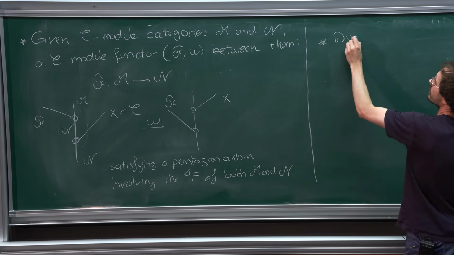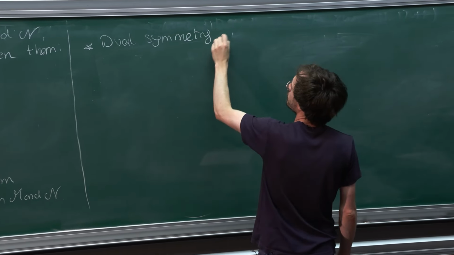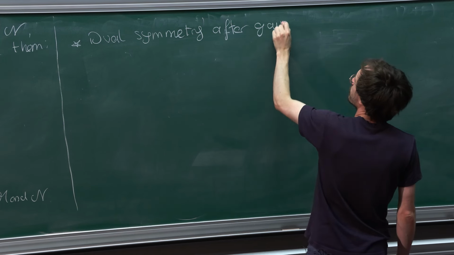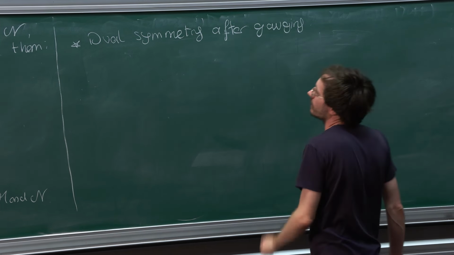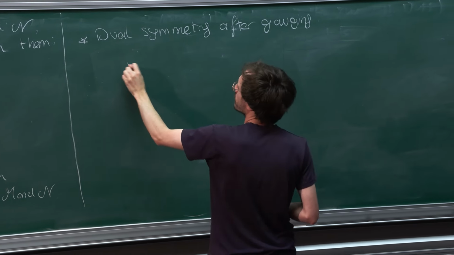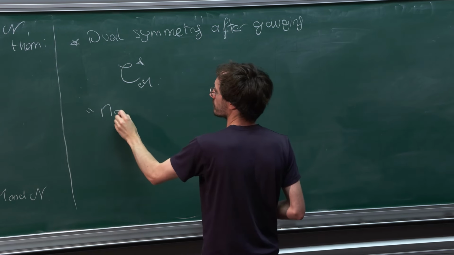So this is the last thing I want to mention, the dual symmetry after gauging. It is given by what we call the Morita dual of the category with respect to a module category.